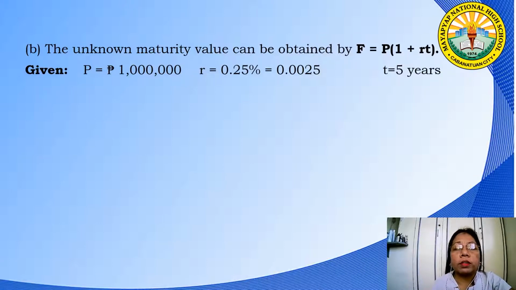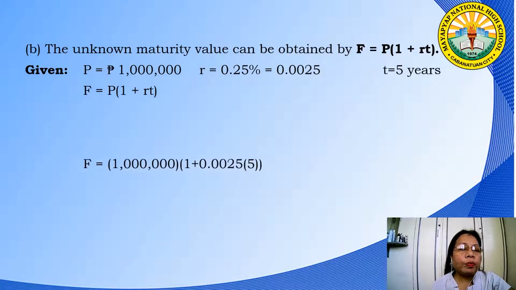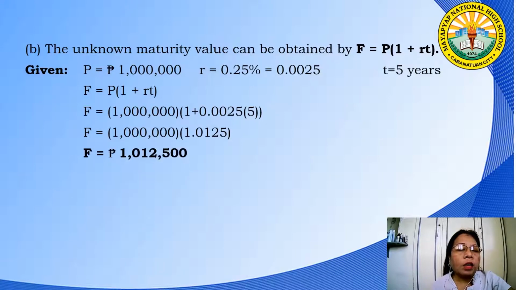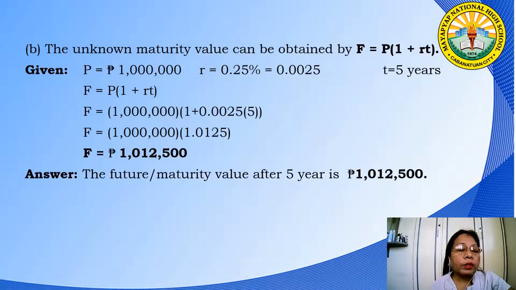So using the formula to find the future value, just replace all the given values. So F or the future value is 1,012,500. So thus the future value or the maturity value after 5 years is 1,012,500 pesos.